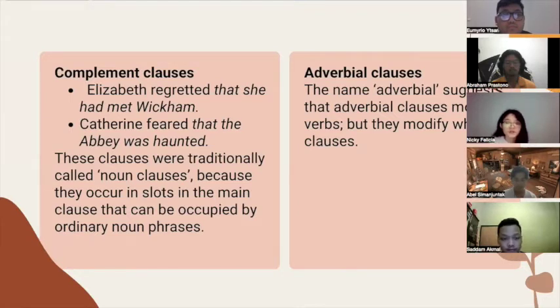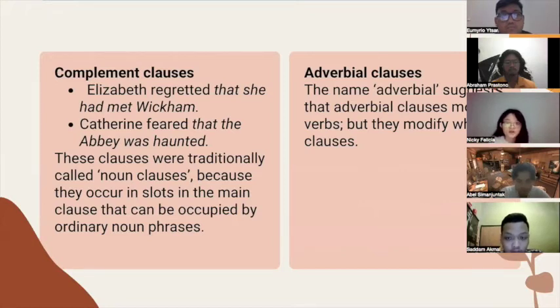For the complement clause, there are two examples. Elizabeth regretted that she had met Wickham, and Catherine feared that the abbey was haunted. These clauses were traditionally called noun clauses because they occur in slots in the main clause that can be occupied by ordinary noun phrases.